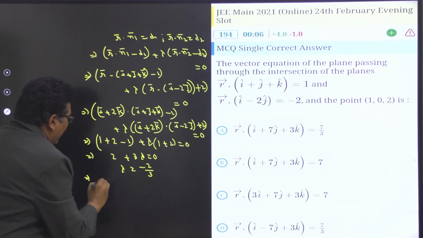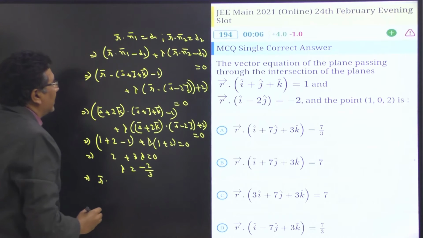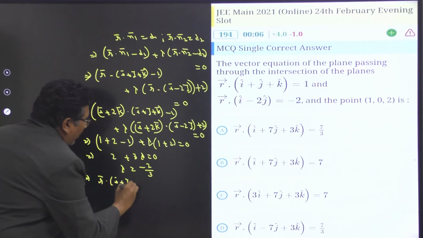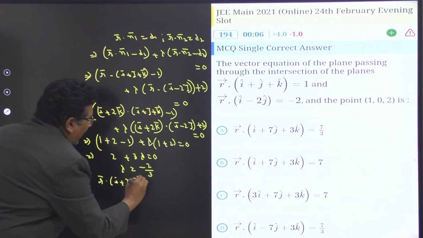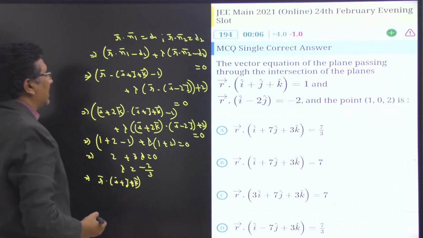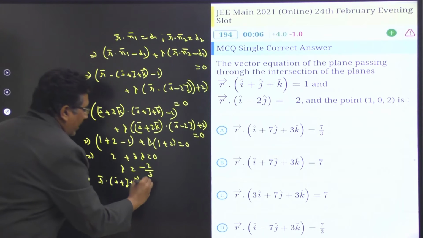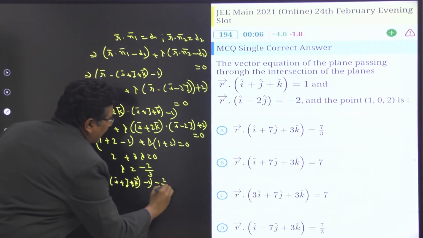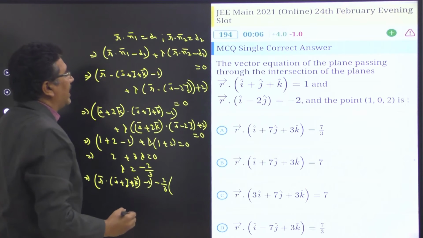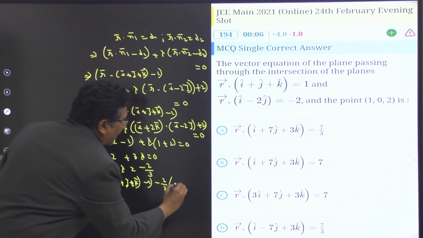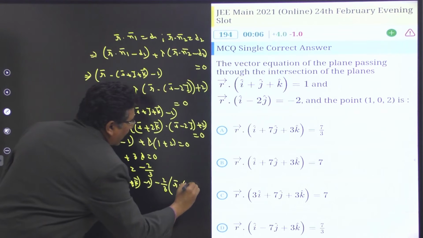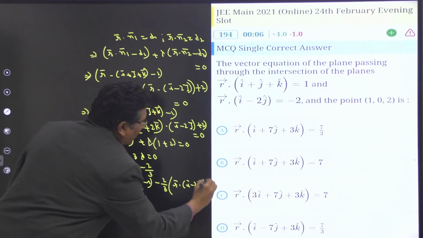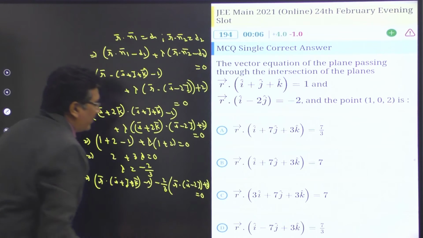That implies R bar dot I bar plus j bar plus k bar minus 1, plus lambda, that is minus 2 by 3, into R bar dot I bar minus 2j bar plus 2, is equal to 0.